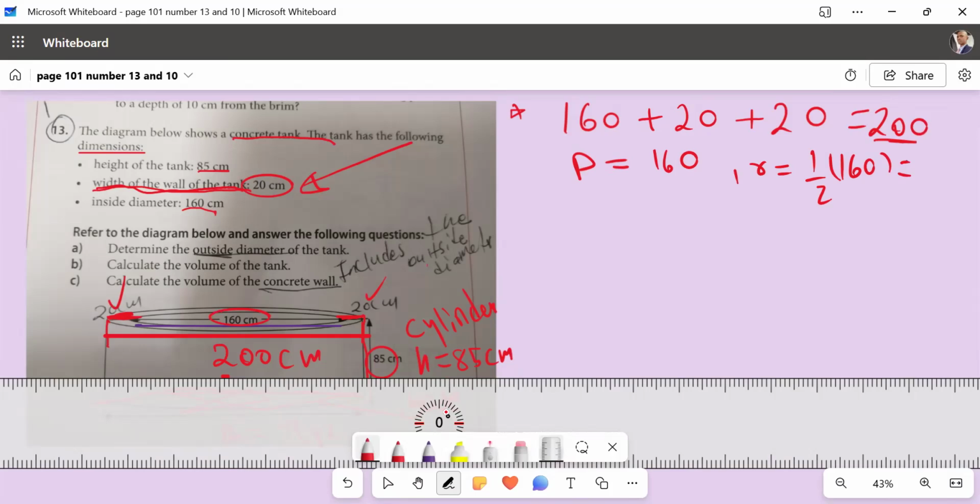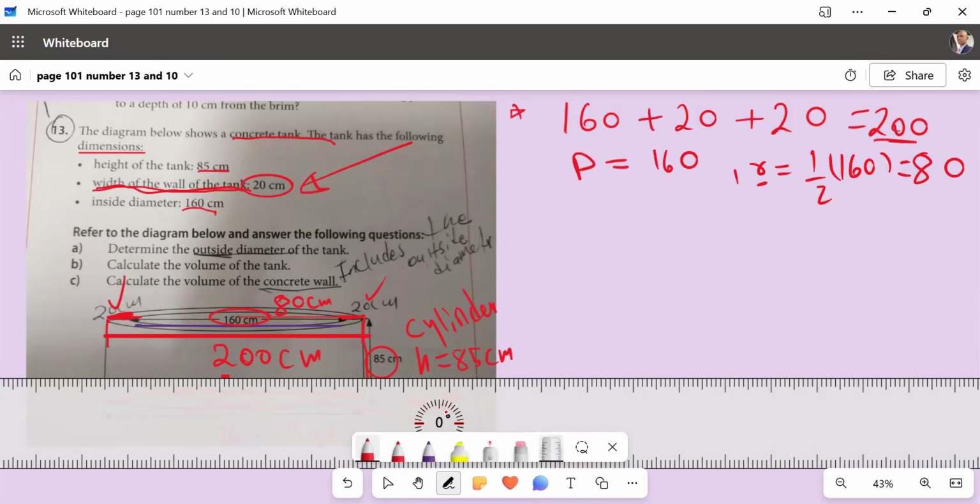You get 80. 80 is the radius of this circle on top. So it's the measure from here up to there. That is the R, which is 80 centimeter. So I think this observation is very important to you.